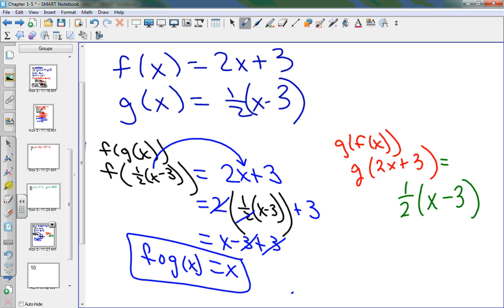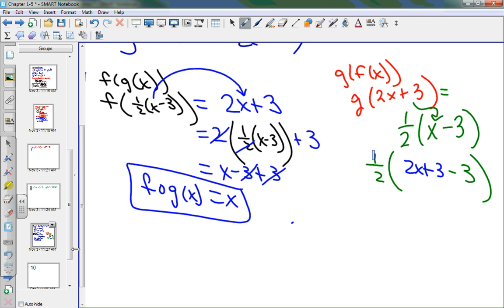So every place I see an x, what am I going to do? This is going to be 1/2 times 2x plus 3 minus 3, close parentheses. Keep the 3 on the inside. I put what was in the parentheses for the g, the 2x plus 3, in for the x in that g function. Why not put parentheses after the first 3? Because that's what x is.